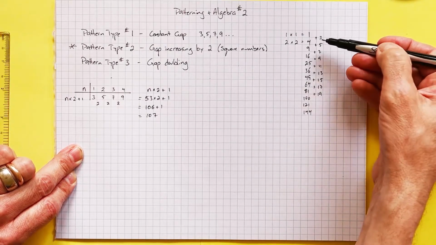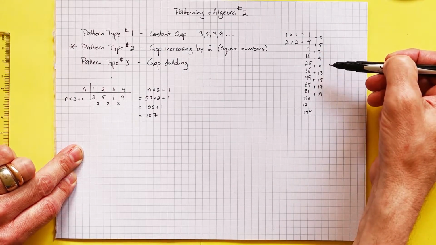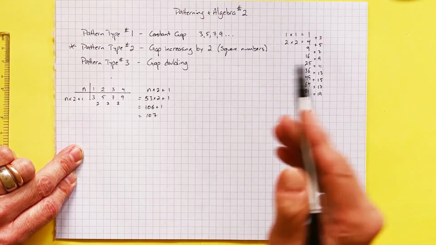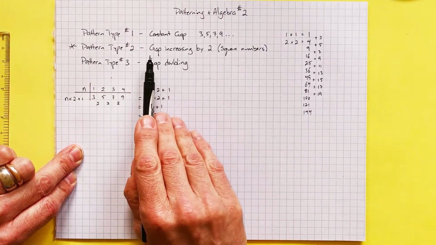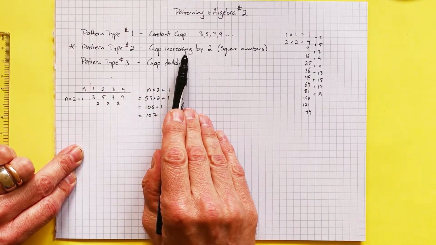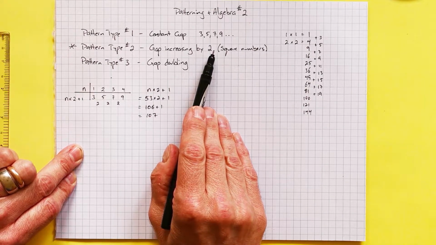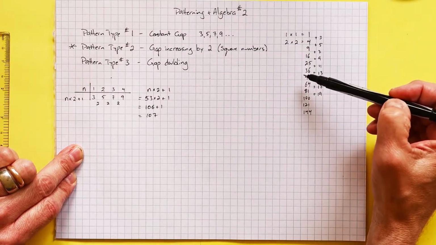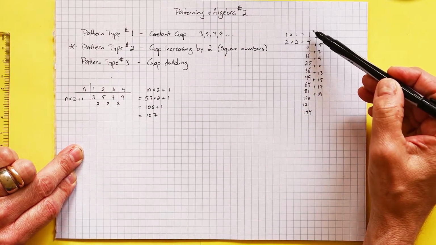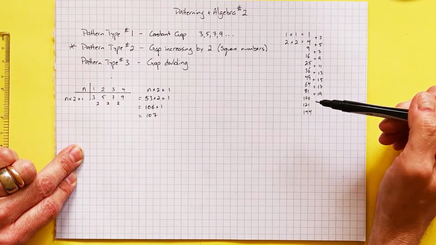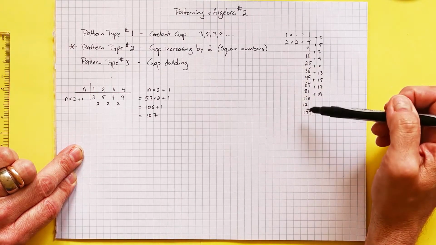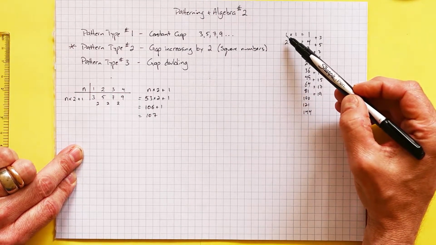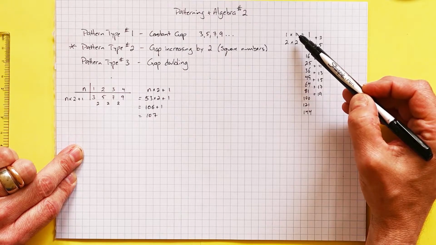We started by adding 3, then 5, then 7, then 9, then 11, etc. That's pattern type 2, where the gap is increasing by 2 each time. It is very much related to this idea of square numbers, and we need to remember that all of the square numbers are generated by taking the counting number times itself.